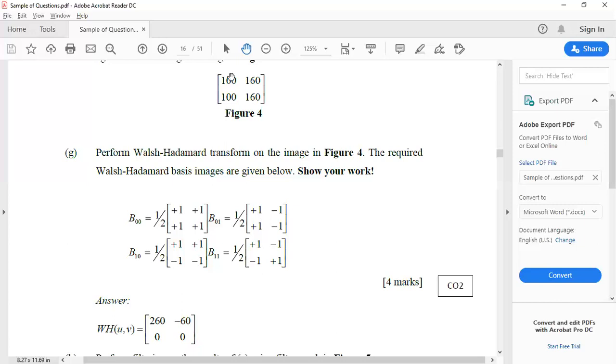So for the first row here, we get negative 60. Second row, negative 60. So together, negative 120. Multiply with half, so negative 60. And then for this one, multiply, so 100 minus 100, 160 minus 160 is 0. And this one, 100 minus 160, so negative 60. And then 60, yeah, negative 60 plus 60 is 0 lah.